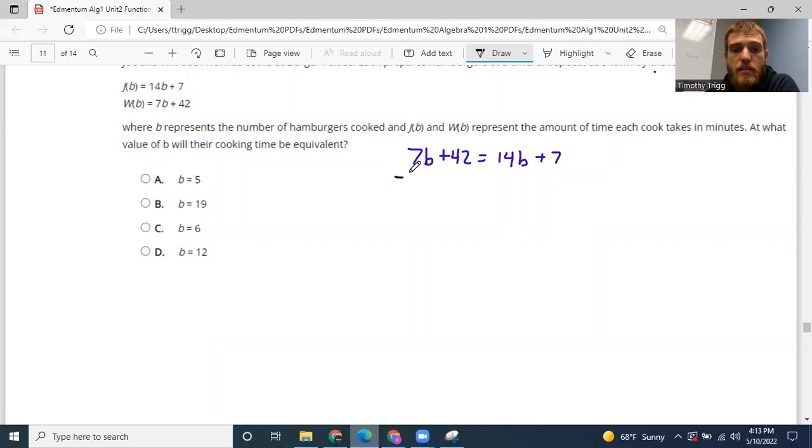So we're going to go ahead and subtract 7B from both sides of the equation, because whenever I see my variable on both sides, I like to move them all to one side. That's usually my first step. Okay, so that gives me 7B plus 7. And go ahead, and I think you could solve it from there.